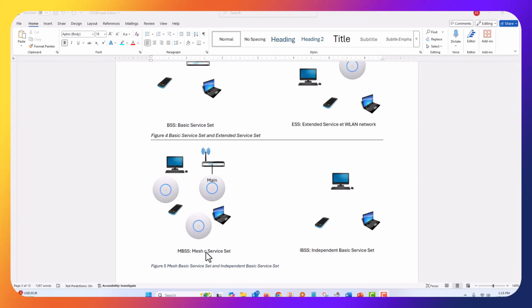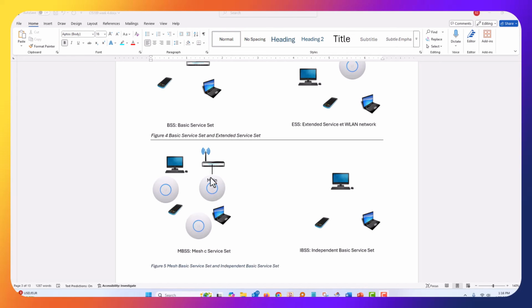The next one is the mesh basic service set, and I see I missed the word basic in there somehow. That should say basic. The mesh basic service set is a central device like this, but you've got these mesh extenders, and you might have this at home. For example, if you've bought one of those mesh units, you plug the main one into your wireless router through Ethernet, and then these guys over here you just have wireless.